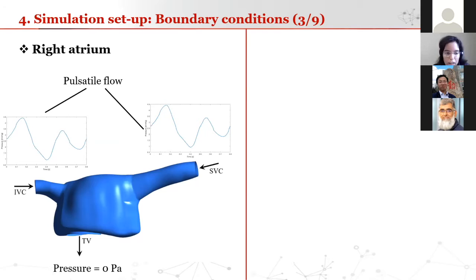And for the tricuspid valve, since we did not have any information to model it at the time, we assumed the pressure was 0 Pascal. For the CFD model, the walls of the right atrium were assumed rigid, meaning that they stay fixed during the whole time.